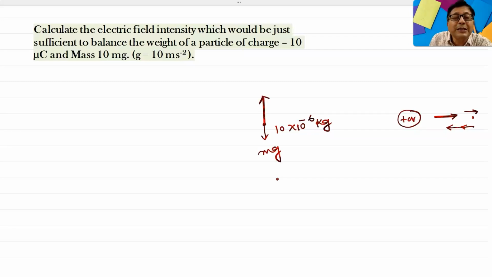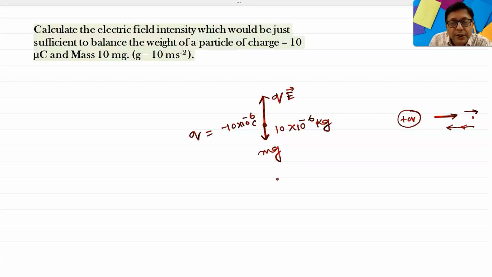The most important thing is in what direction you have created the electric field. It's a negative charge, minus 10 into 10 to the power minus 6 coulomb. It has to experience force qE in the upward direction, because the weight mg is acting vertically downward. These two will balance.